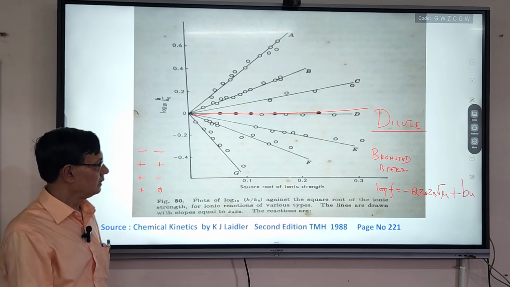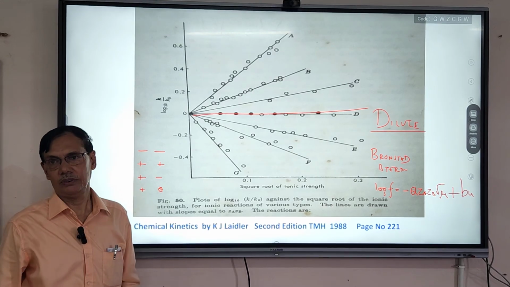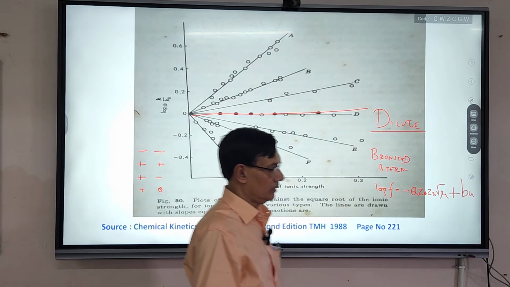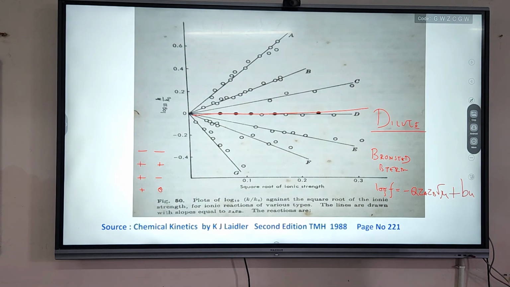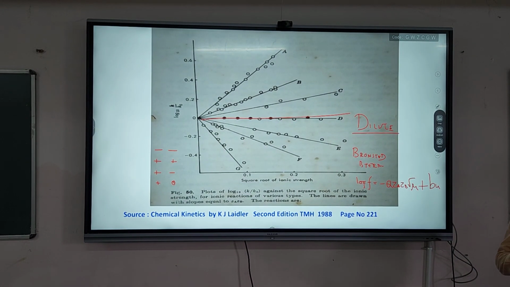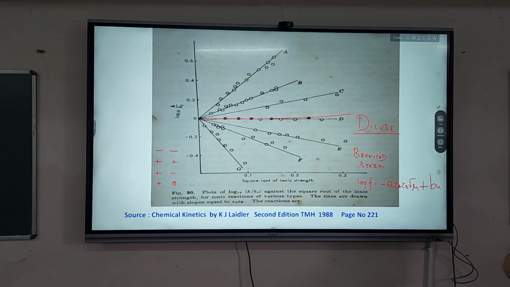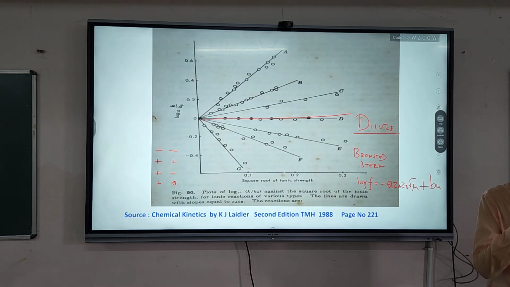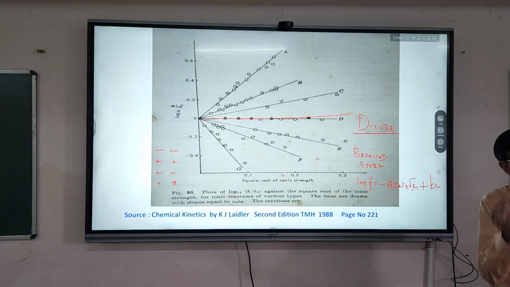In the next class I will discuss the secondary salt effect, which is very simple. But today, let me summarize that I have discussed one of the simplest equations, that is the effect of electrolytes on chemical reactions. There are two effects, primary salt effect and secondary salt effect. Today I have derived the primary salt effect. That means whatever the ions are, they directly affect the activity coefficient of the species.